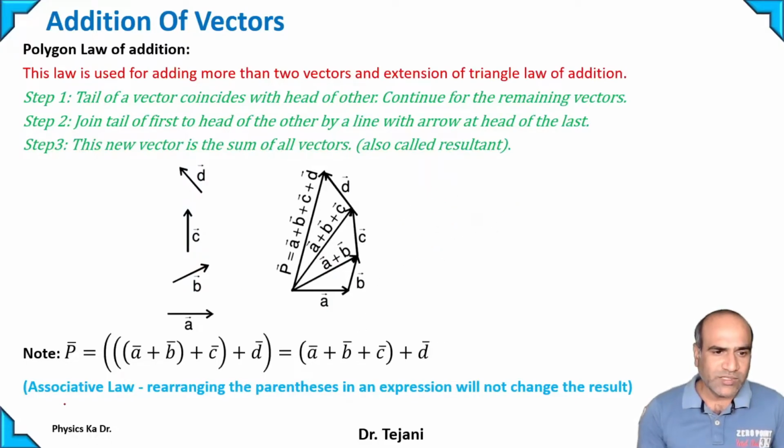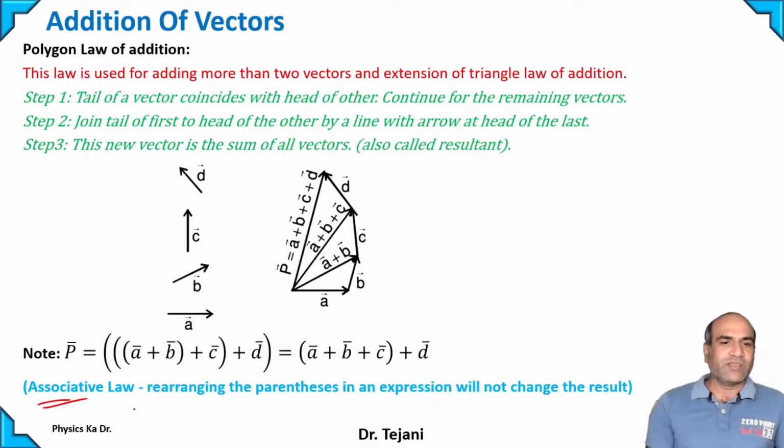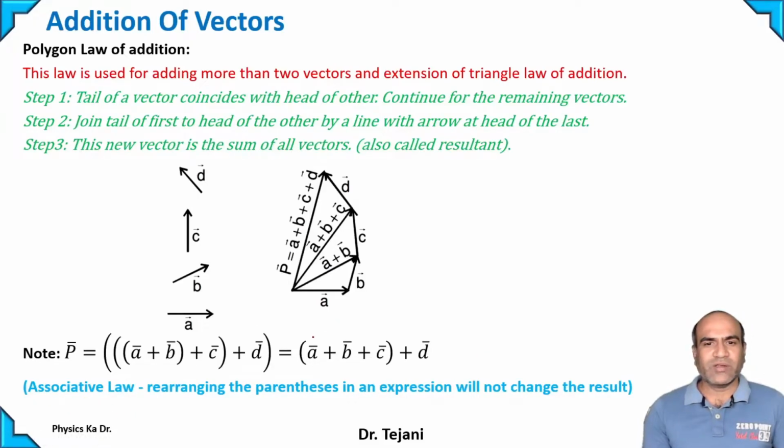So you should also understand this term, associative law. It says that rearranging the parentheses in an expression will not change the result. There isn't any change of result if we change the position. You can write B plus A plus B plus C. It remains similar.